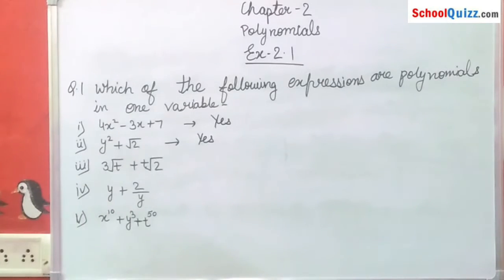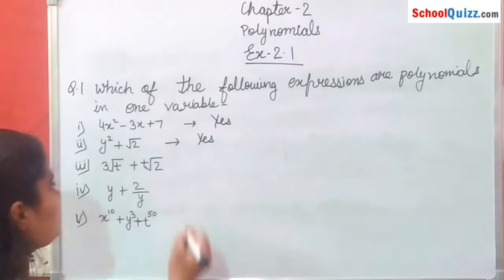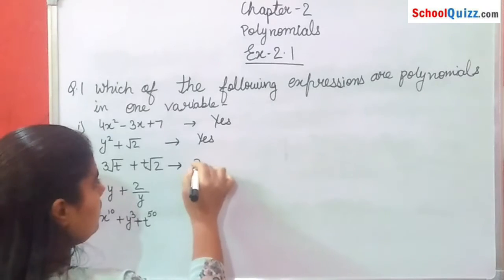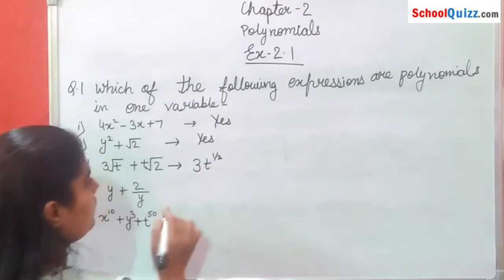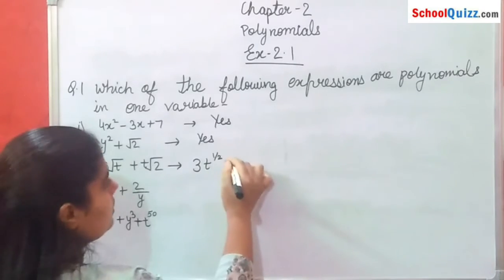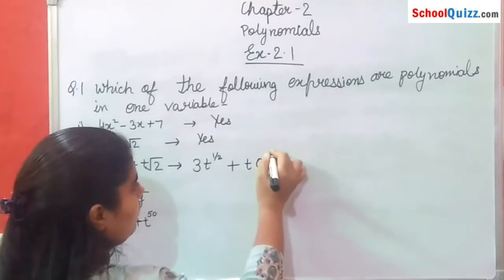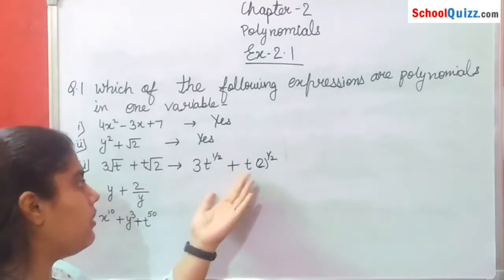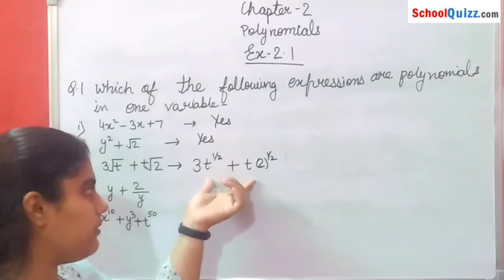Now third example, 3 root t plus t root 2. If we write this expression in simple language, we can write it like this: 3t raised to power 1 by 2 plus t root 2 raised to power 1 by 2. So is this a polynomial in one variable? हाँ, वो हमें दिख रहा है. We can see that only one type of variable is used, that is t.